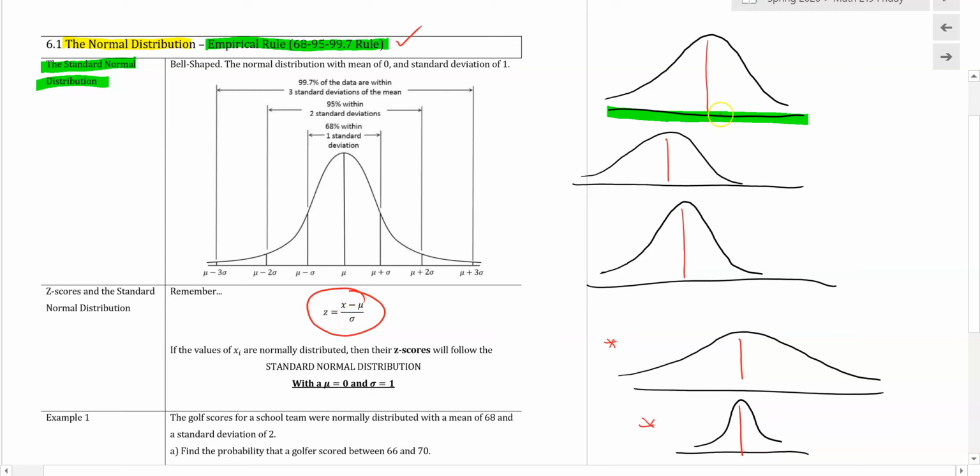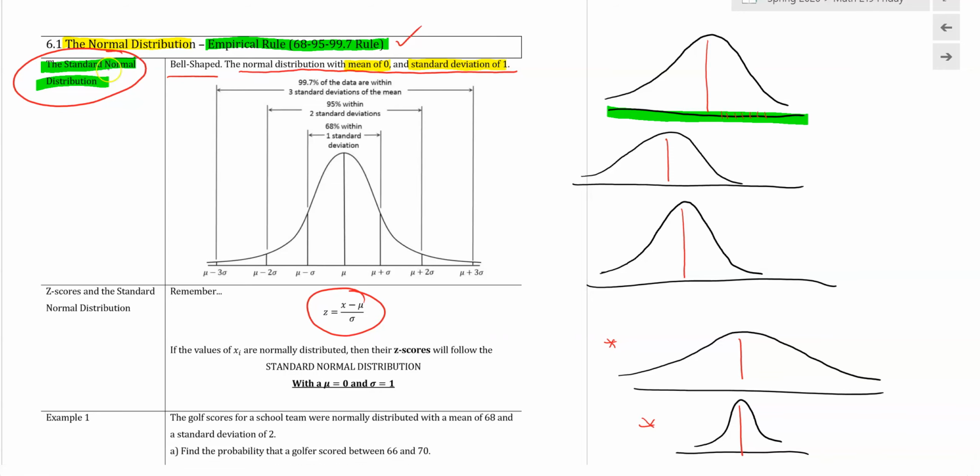If you were to do that for every single data value here, find the z-score, what you end up getting is what we call the standard normal distribution. And it is going to be another bell-shaped curve, another normal distribution, but this time it's going to have a mean of 0 and a standard deviation of 1.